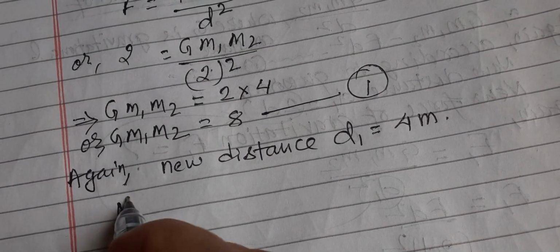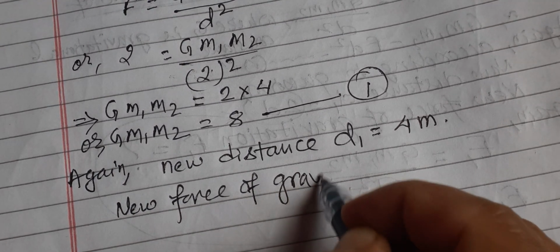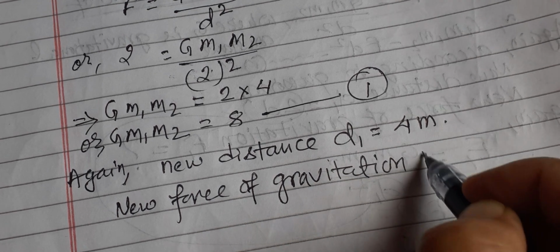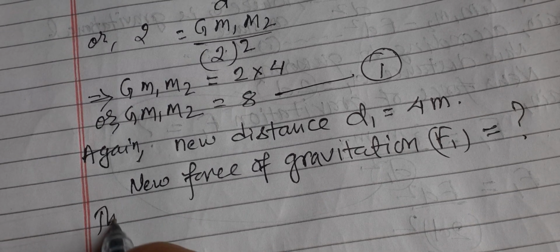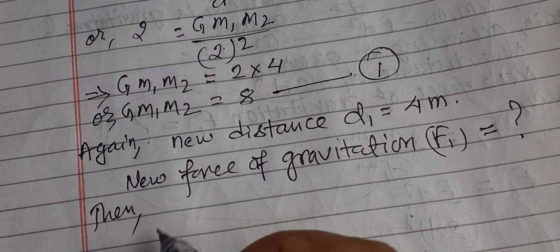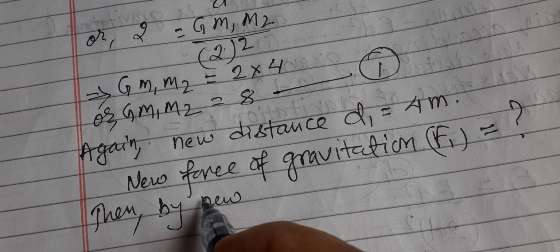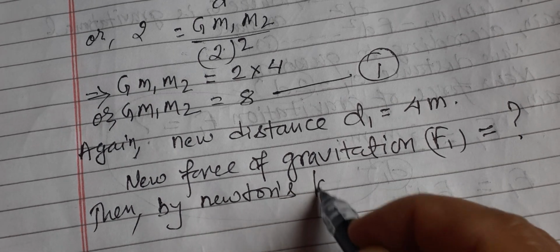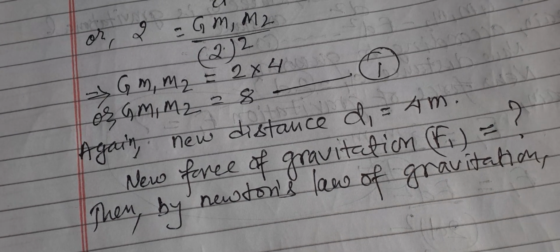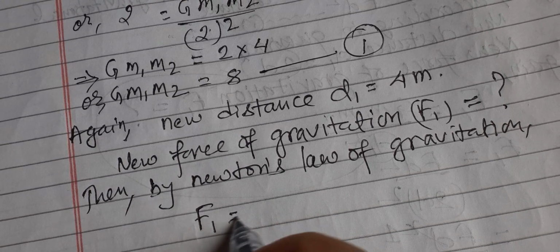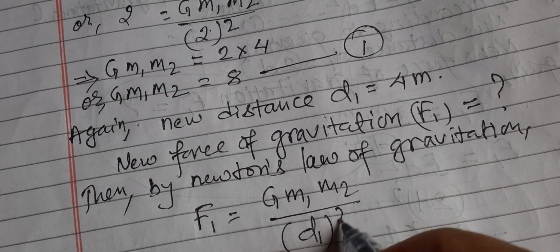We have to find new force of gravitations F1 equal to what? Again by Newton's law of gravitations, F1 equal to G times M1 M2 by d1 whole square.